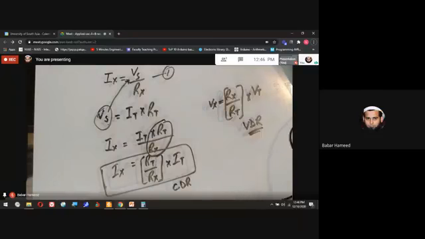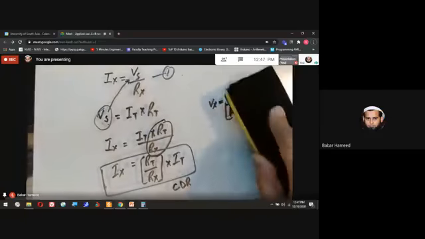And what if I want to find the current divider formula for two branches? As I said earlier in part 1 of this lecture, we will commonly encounter two parallel resistances. Then how can this formula be transformed?